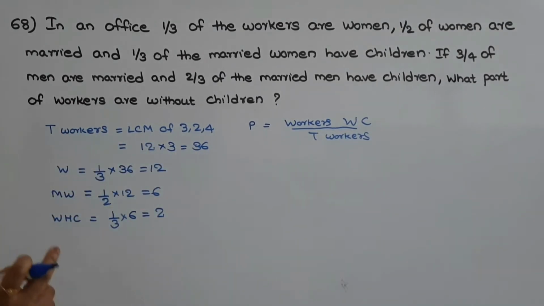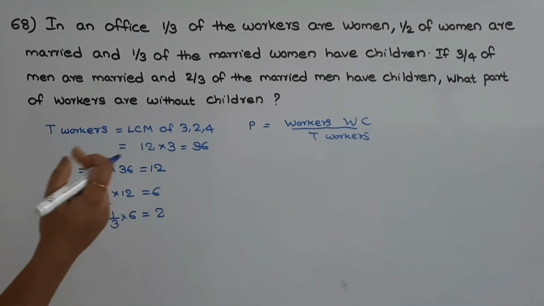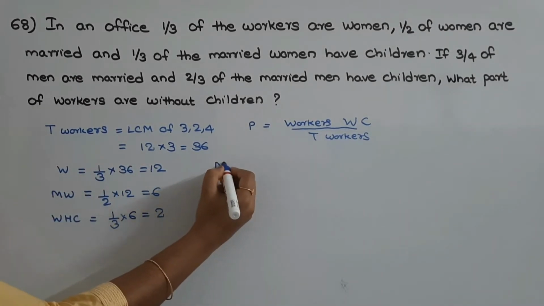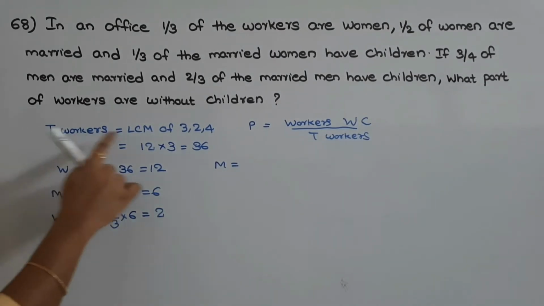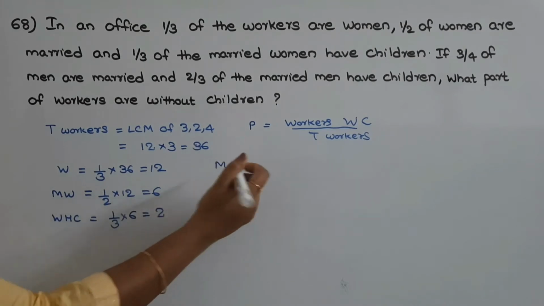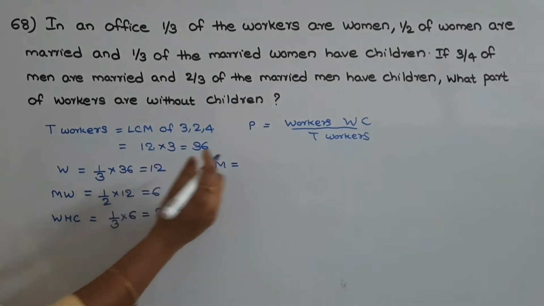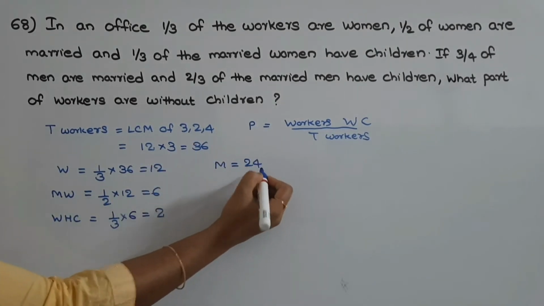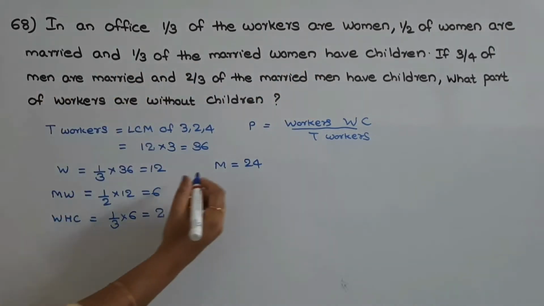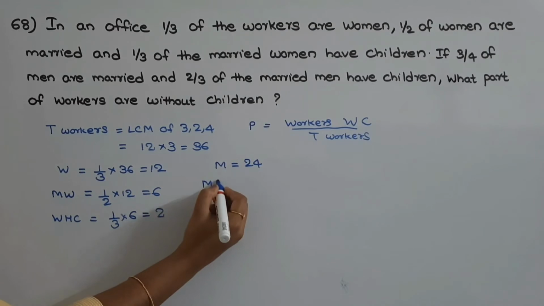Okay, now let us see what are the number of men working in that company. Okay, number of men is equal to total workers is 36 and total number of women is 12. So men will be 36 minus 12, that is equal to 24. Okay, then they are telling that 3 by 4th of men are married. So what is the number of married men?